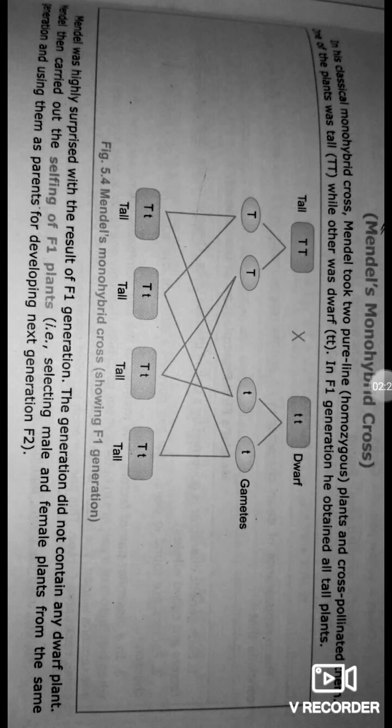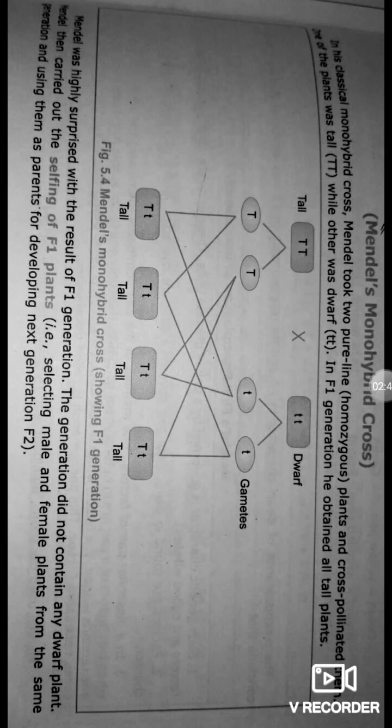According to this chart showing Mendel's experiment, in the F1 generation all plants show the dominant character. Mendel was highly surprised with the result of the F1 generation. The generation did not contain any dwarf plant.